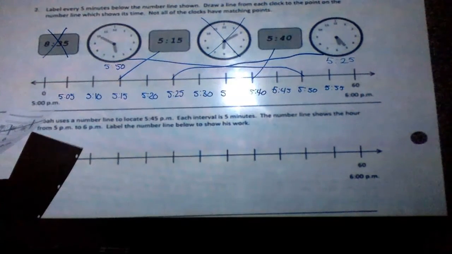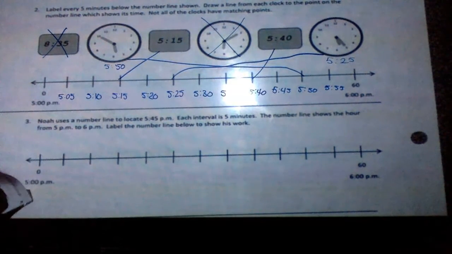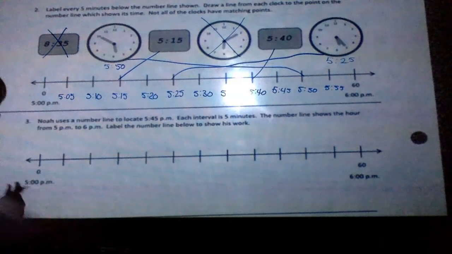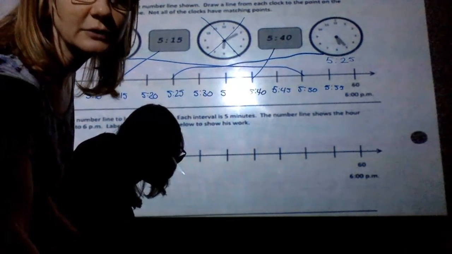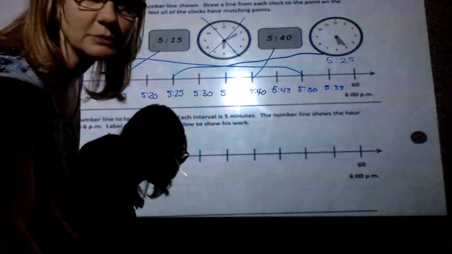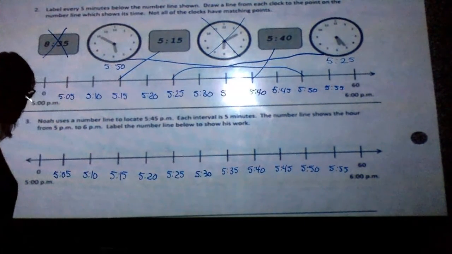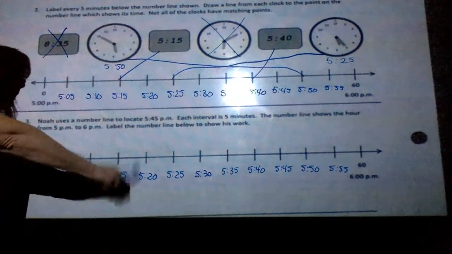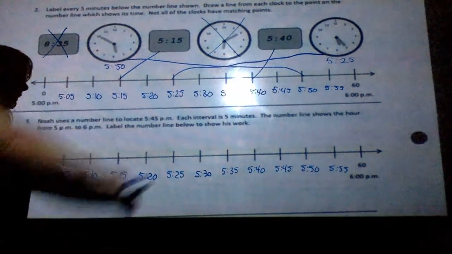So we'll just put a dot at 5:45, but first you're going to need to label all of the spots from 5 o'clock to 6 o'clock. Go ahead and do that. I'll pause it and I'll do it too. Press play when you're done. Okay, you can check and see it's the exact same number line as we had up here. So you could just copy the same numbers down.